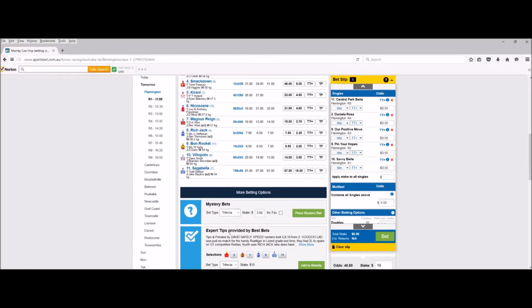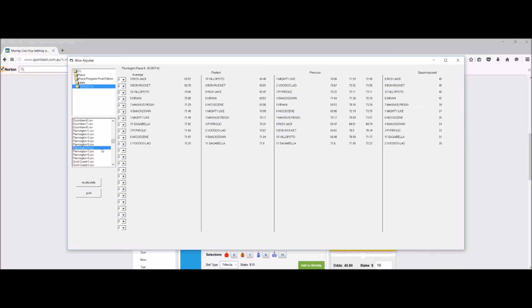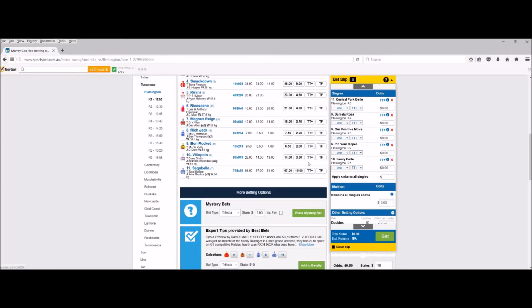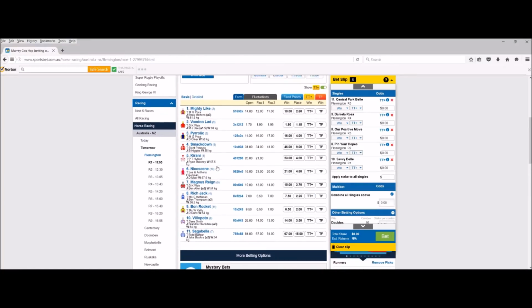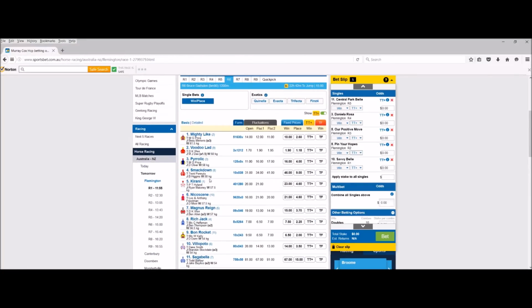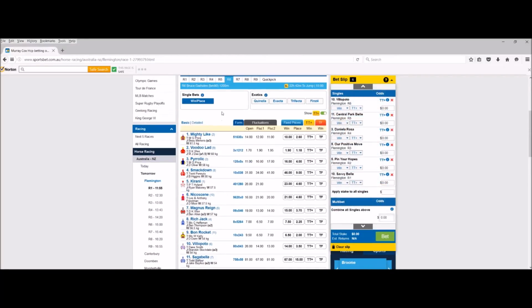Race 6, how to put on a parlay in Sportsbet. Race 6, Rich Jack, Villapoto. Both of them on 46 points. Rich Jack, Bond Rocket, Villapoto. Brandon Stockdale, Rich Jack. So put that in.